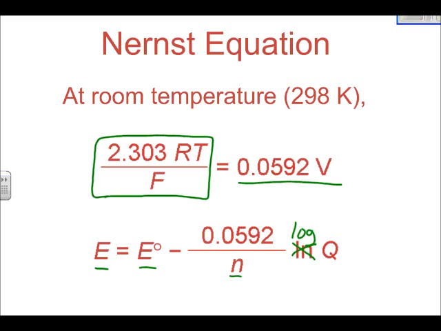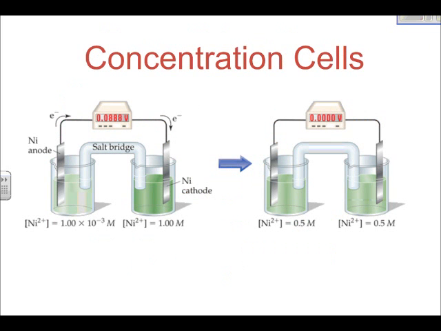So we'll take a quick look at one of the applications of this equation for figuring out the potential for a non-standard state cell. One of the things that we can do with this is create what are called concentration cells. So if I look at this, my nickel anode, the anode is the loss of electrons.